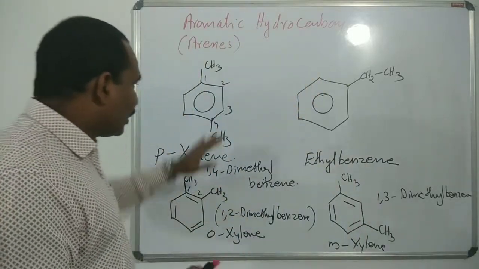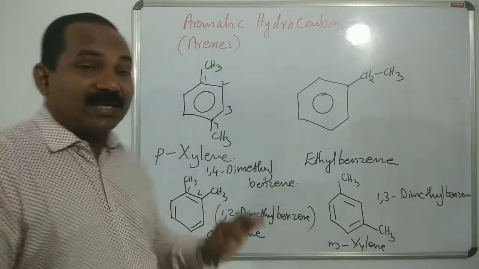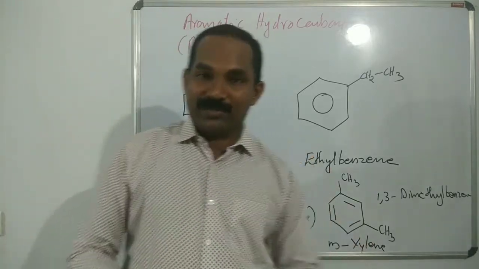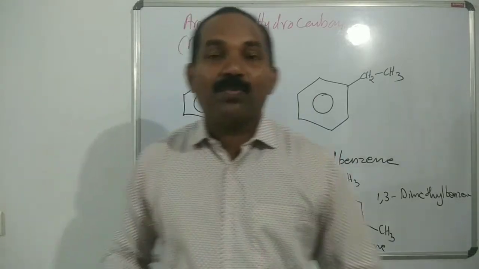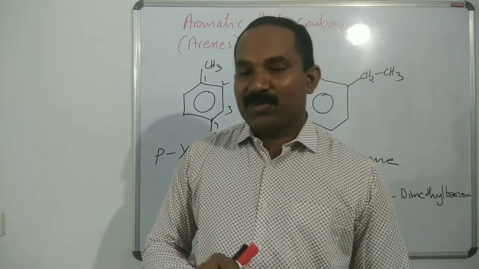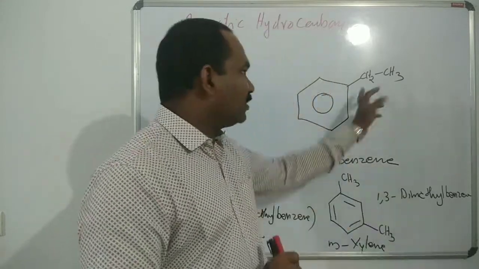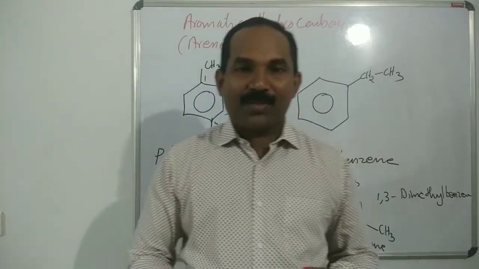Remember that these three are position isomers. These two are isomers but not position isomers. We can say it is structural isomerism, chain isomerism. The chain is different: here is an ethyl group, in this case two methyl groups.